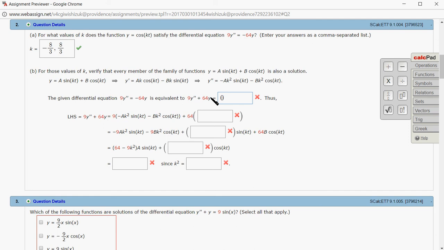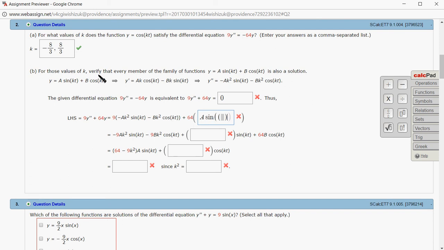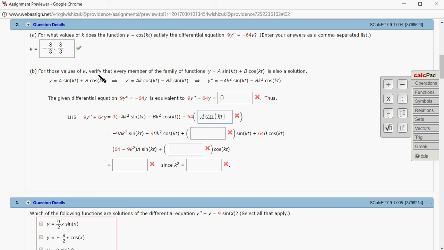Thus the left hand side, they just plug in y double prime here and 64y, where y is just a sine of kt plus b cosine of kt.